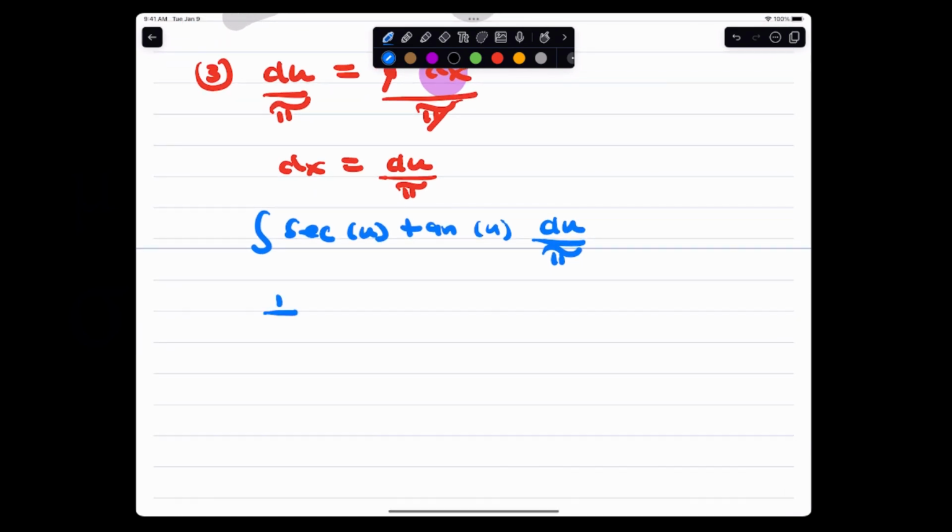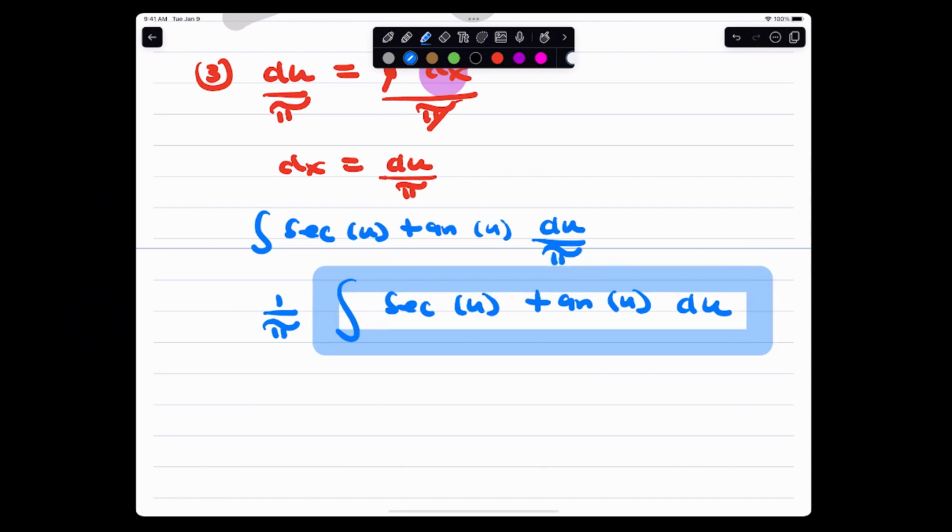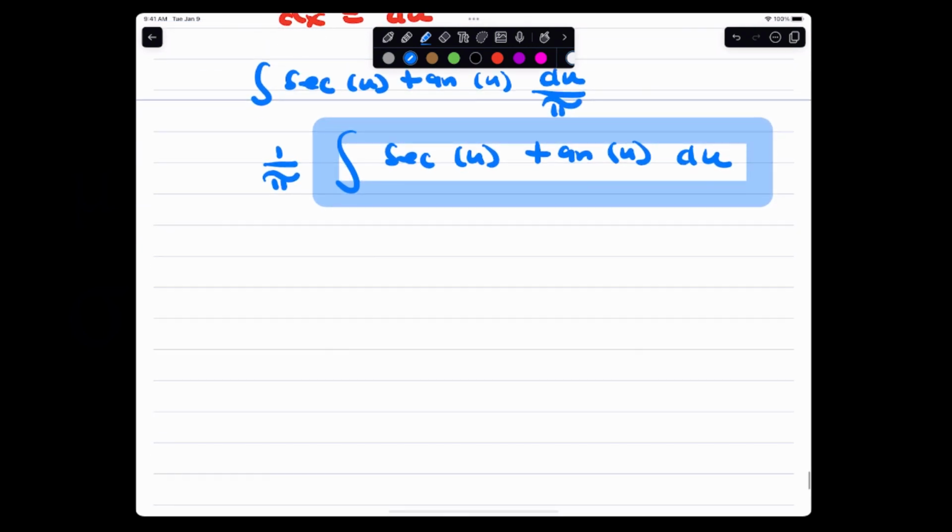So you can factor out the constant of pi now and just integrate secant u tangent u with your du. What's the integral of secant tangent? Just what? Just secant, is that right? So you get 1 over pi secant u plus that c.